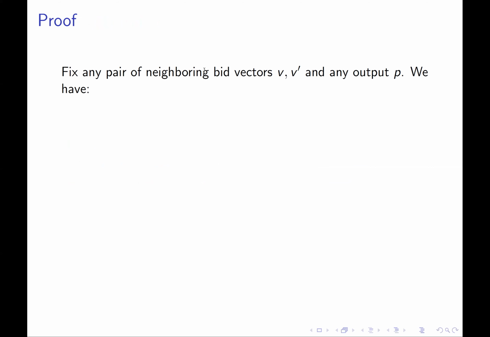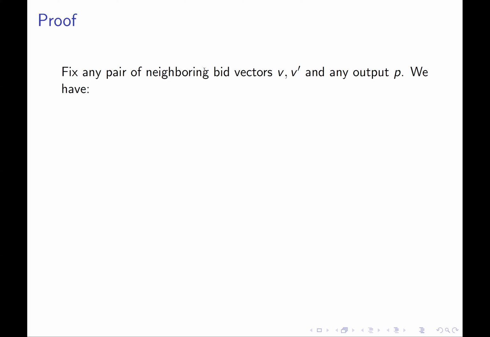And so let's prove it. So remember what we need to establish to prove that an algorithm is differentially private. We need to establish that for every pair of neighboring bid vectors, v and v prime, and for any output, which is in this case a price p, the probability of that output will not change substantially, by more than an e to the epsilon factor, if we are given input v or input v prime.